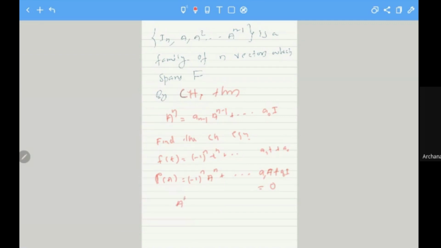From this equation, I can write A^n in terms of the remaining lower powers and identity, so A^n is in the span of this set.